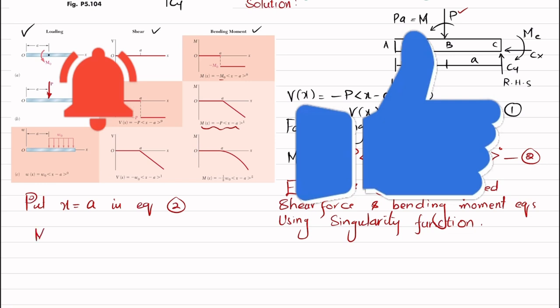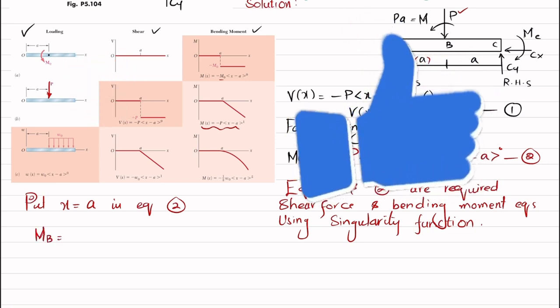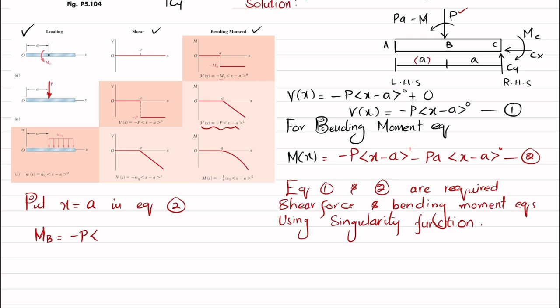The moment at point B will be minus P into A minus A power 1, and minus PA into A minus A power 0.